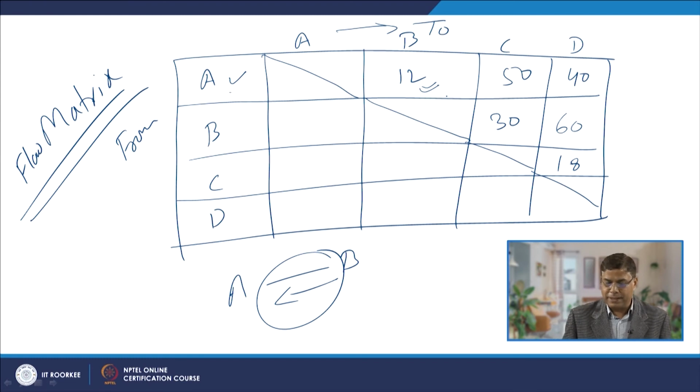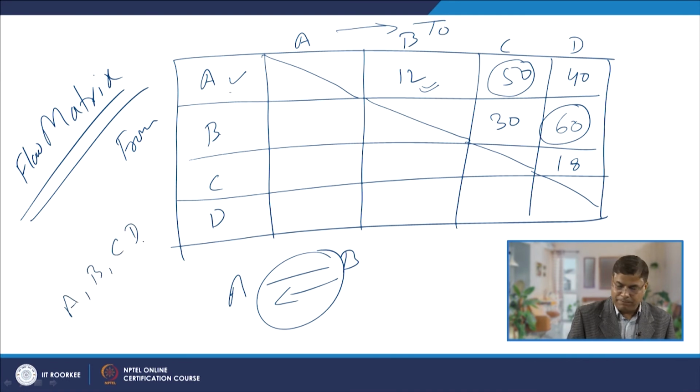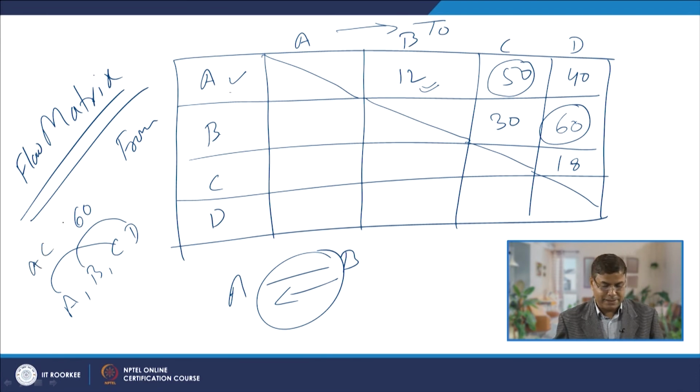Considering that, A to C or C to A movement is the second highest, while B to C movement is 30 and B to D movement is 60. So, among these four work centers A, B, C, D, B to D movement is the highest at 60, and A to C movement is the second highest at 50.